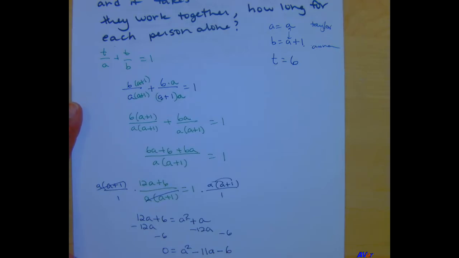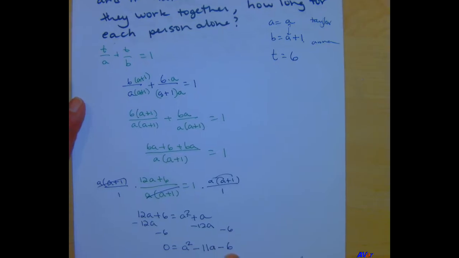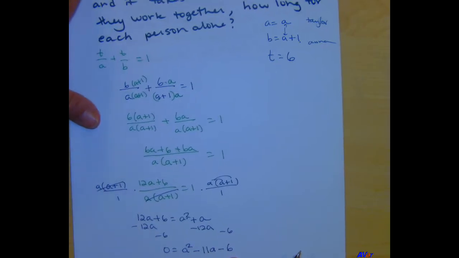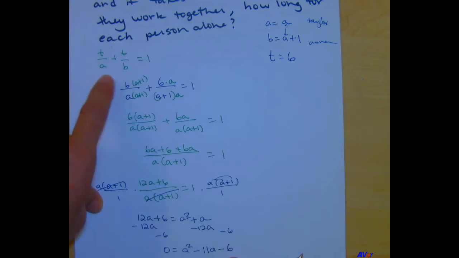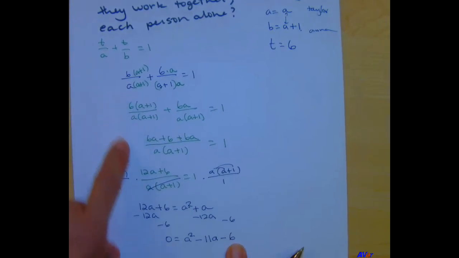Let me take a quick look over here, because we do not have a strategy to solve this until we get to Math 99. 6 hours. How long for each person alone? Okay, I think I've got it set up okay until then.